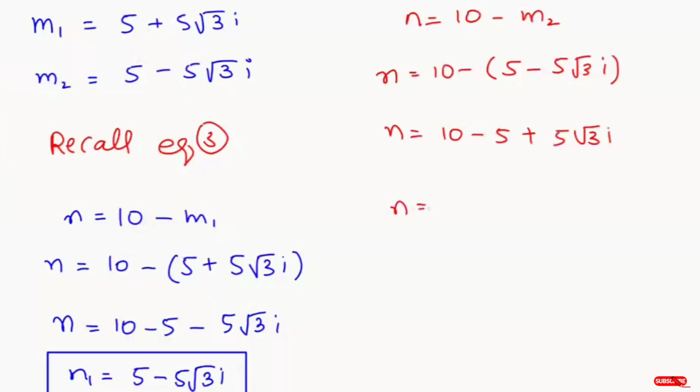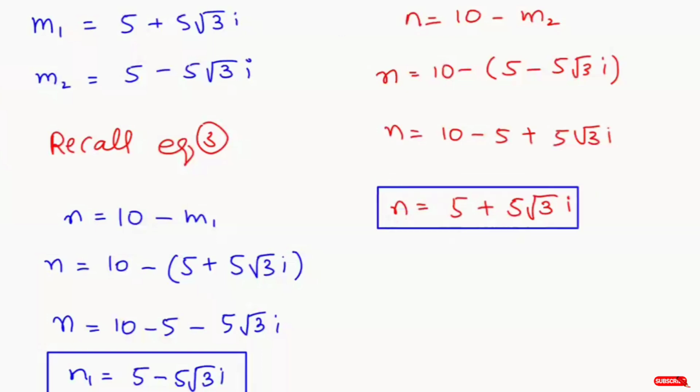And this will be equal to 5 plus 5 root of 3 iota. So this is our other n value, the n2 value we found by plugging in the m2 value. So here we get the two complex solutions. There is no real root for both the answers. So this is the final answer.